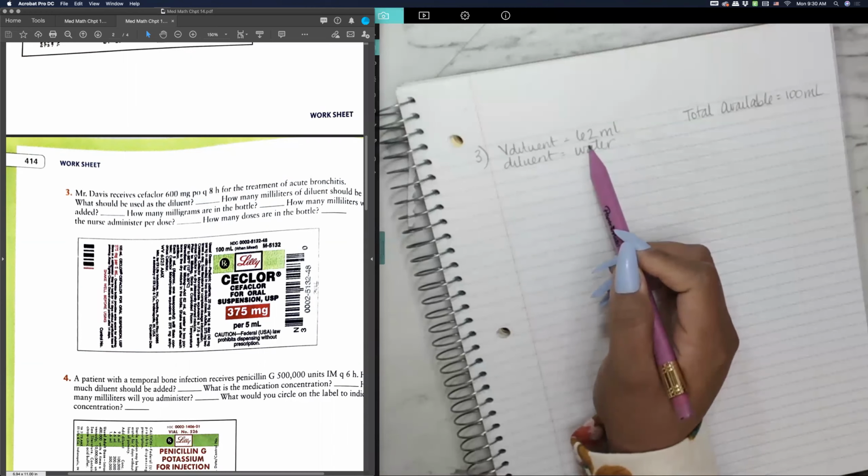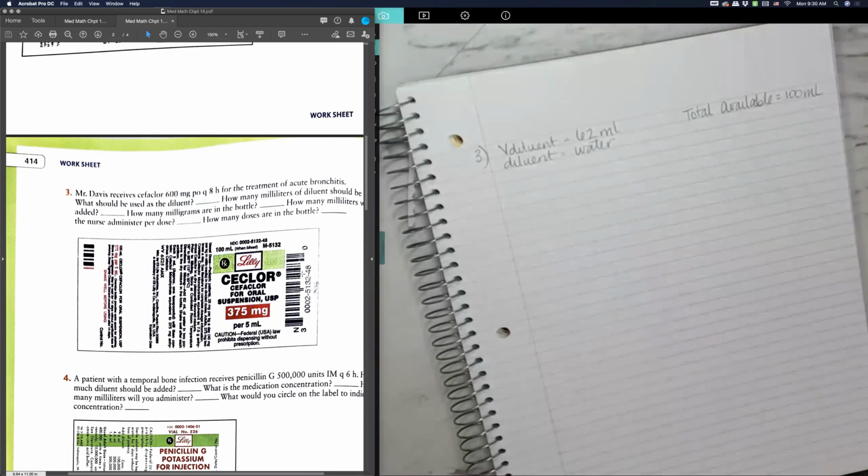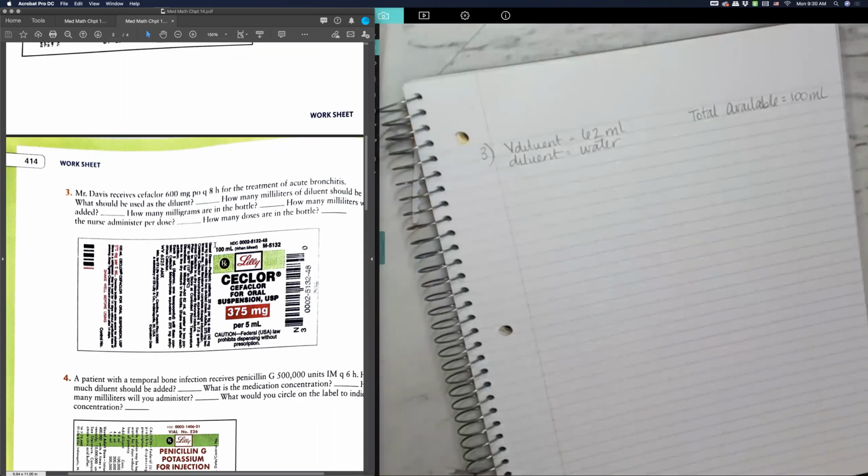Okay, and where are you finding the total available? And then the total available, it's the same thing we've been doing on our labels, right? So when we look at total available, it's typically going to have this volume when mixed. They're already telling you, right?